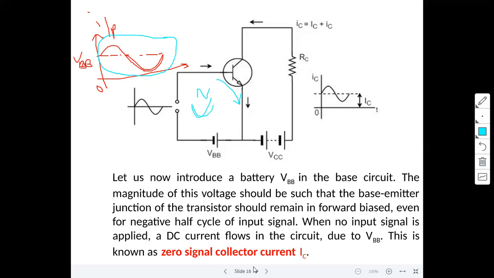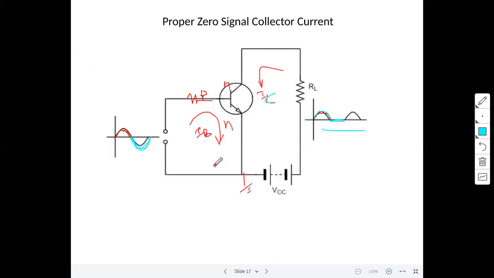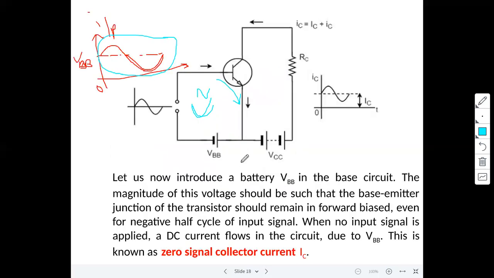Once again, the concept here is: without a DC bias, it acts like a clipper circuit. For the positive cycle, no problem. For the negative cycle, the transistor enters into off, so output is equal to 0. Now in the next figure, we have included a DC source.